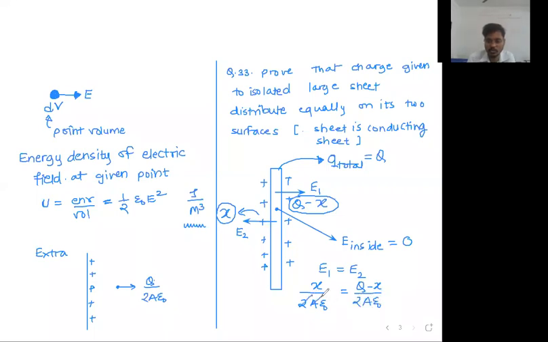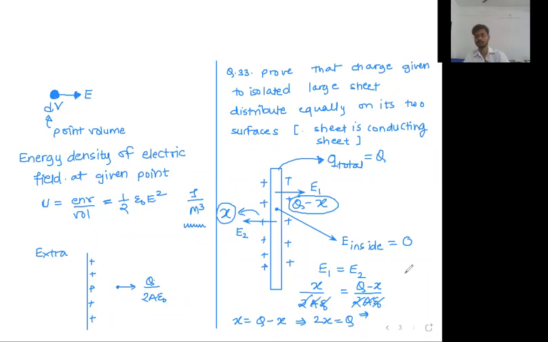Sir, that is very simple. 2A epsilon 0 cancel. x is equal to q minus x implies that this x on the left hand side will become 2x. 2x is equal to q. So sir, that implies x is equal to q by 2.